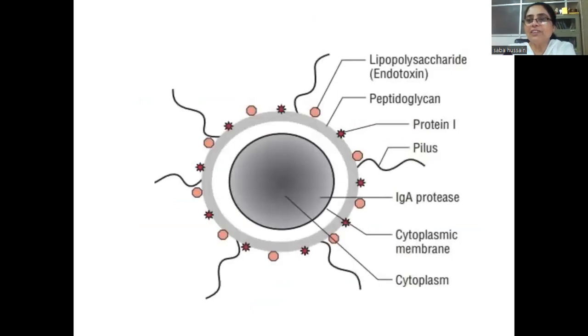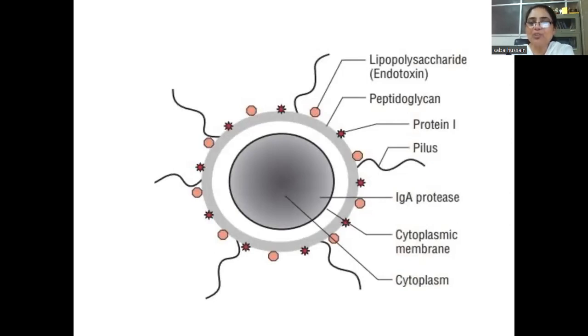So what are the different antigenic structures present on gonococci, that is, on Neisseria gonorrhoeae? Let's sum up in this pictorial diagram: lipopolysaccharide, then peptidoglycan, protein 1, pili, which is plural, the singular being pilus.